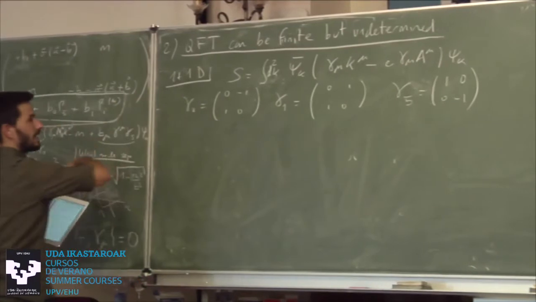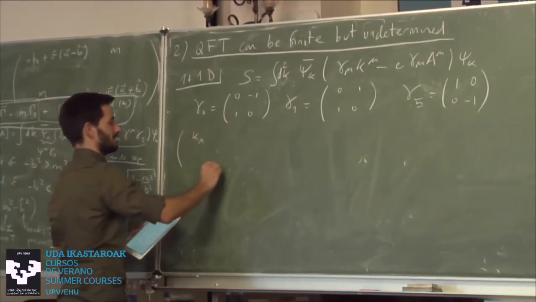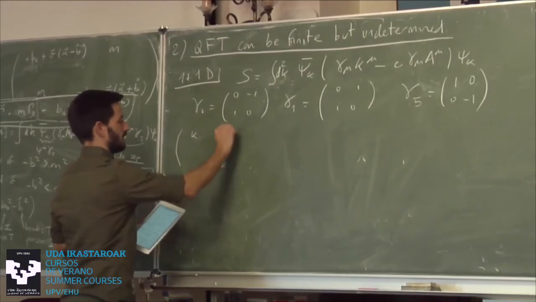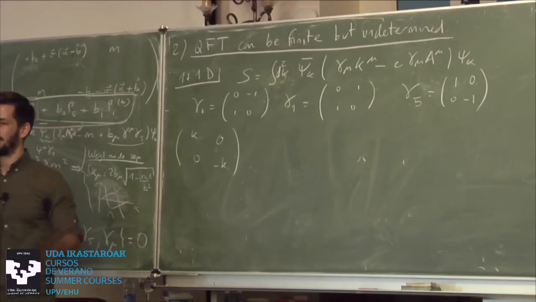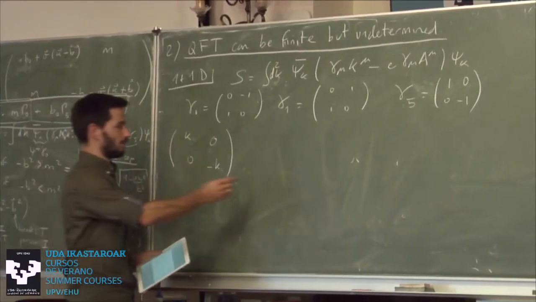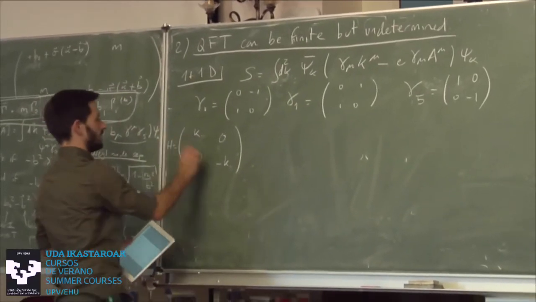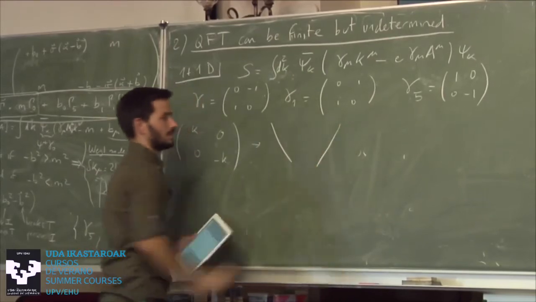And if you go back to the Hamiltonian language, you will find this Hamiltonian is very simple actually. It's just two chiral states. I wrote it already in the diagonal basis.